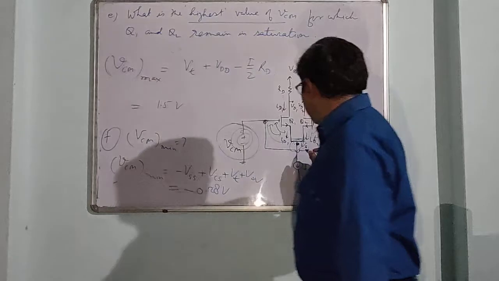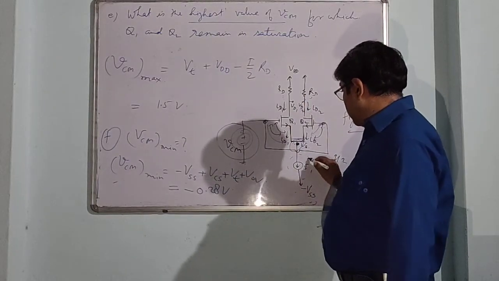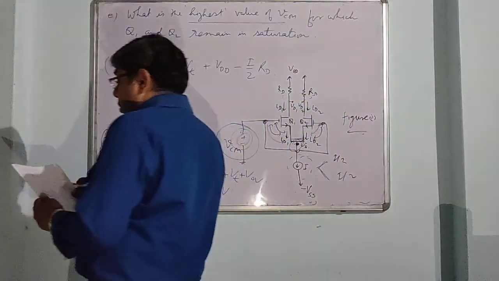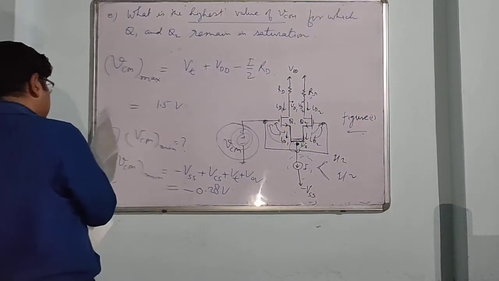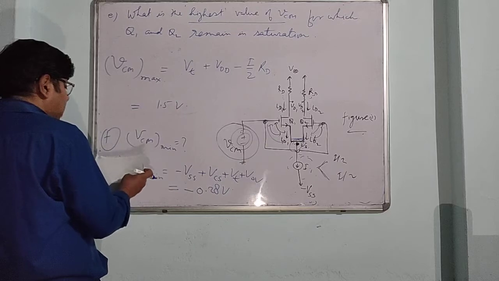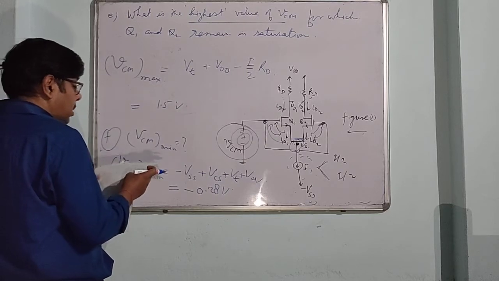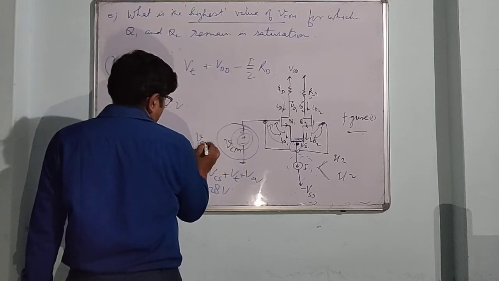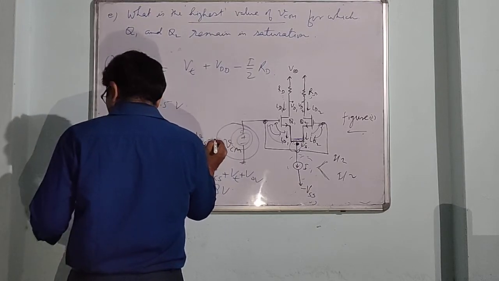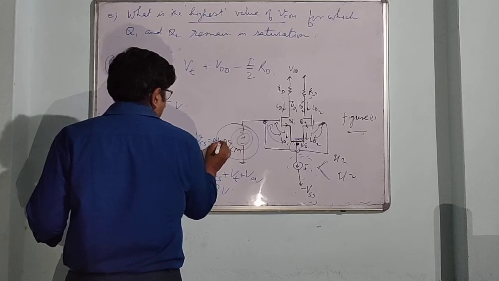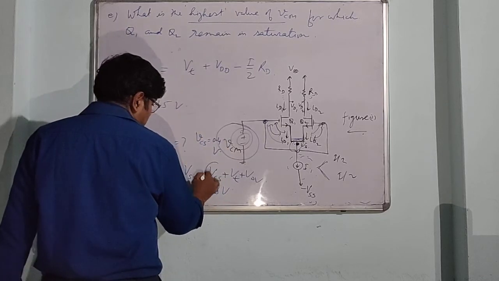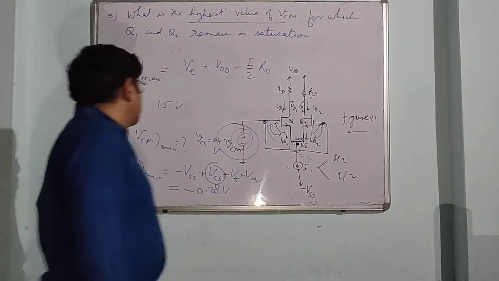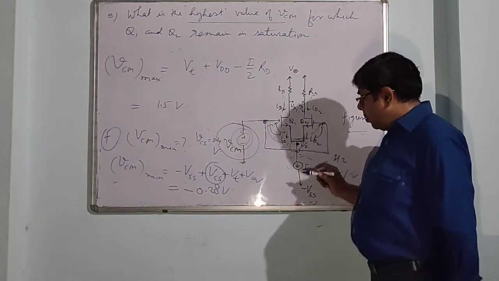So this minimum value is decided by this condition, where to calculate the minimum value, one thing is given, that is VCS. Suppose VCS to operate is 0.4 volt. So how can we calculate the minimum value?